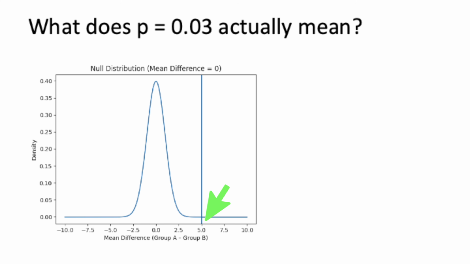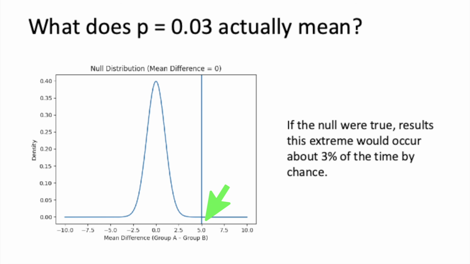Now, what does that mean? It means if the null were true, results this extreme would happen 3% of the time by chance. That's it. That's all it means. It does not mean that there's a 97% chance your result is real. It does not mean that there's a 97% chance that the effect will replicate. Those are different questions entirely.